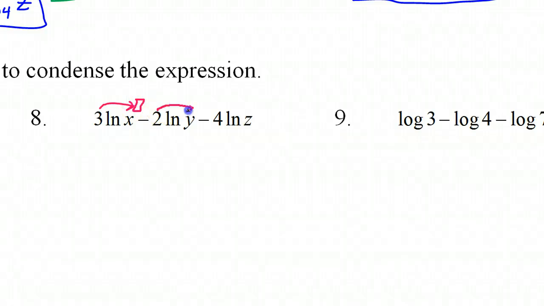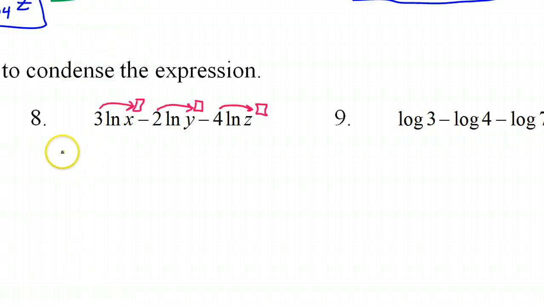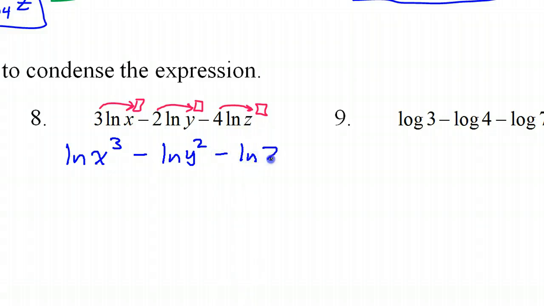This 2 is going to become a power, and this 4 is going to become a power. So the first thing I will have is natural log of x to the 3rd minus natural log of y squared minus natural log of z to the 4th power.